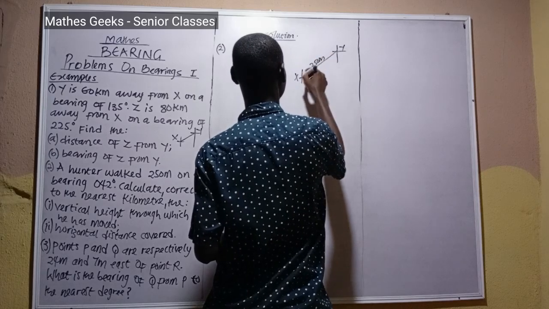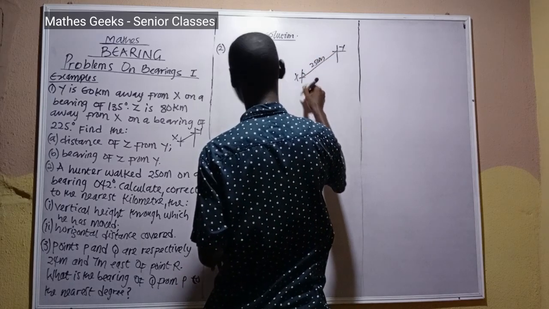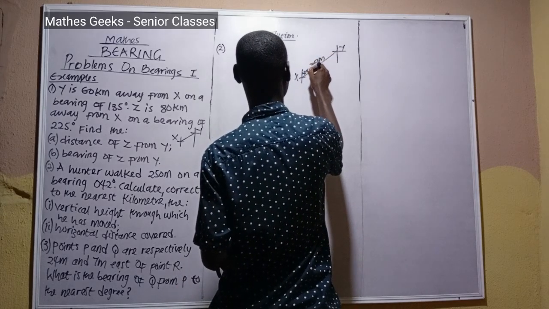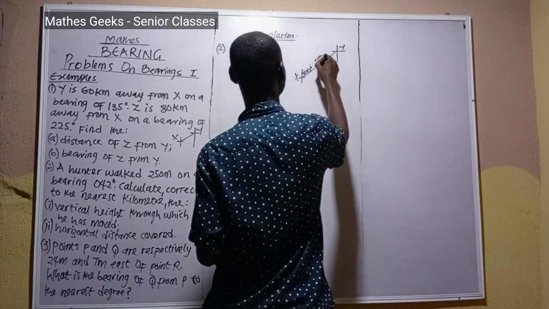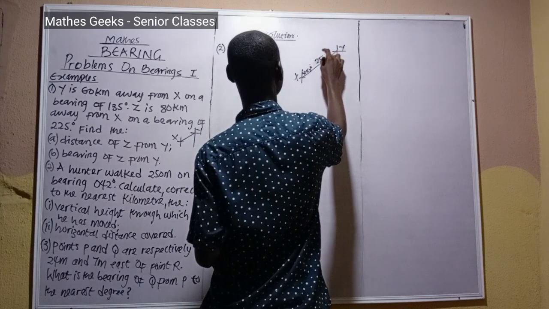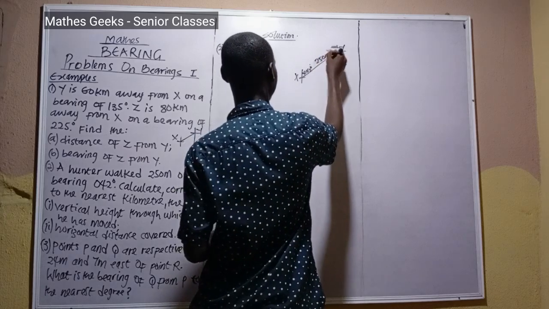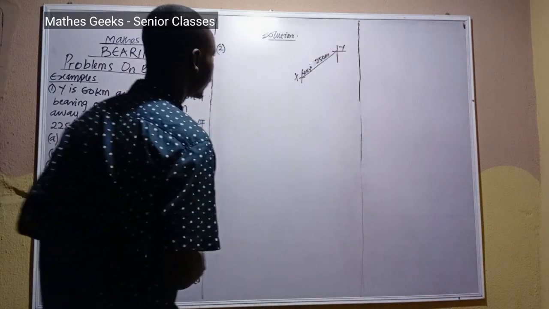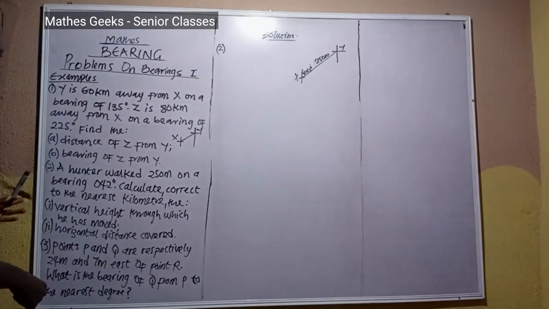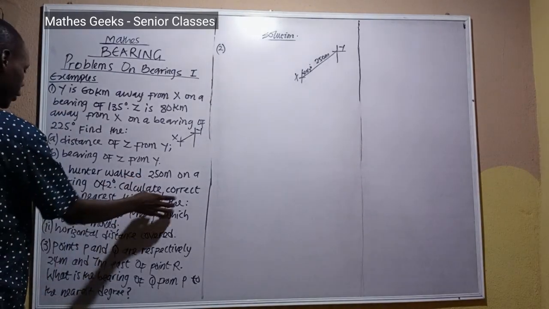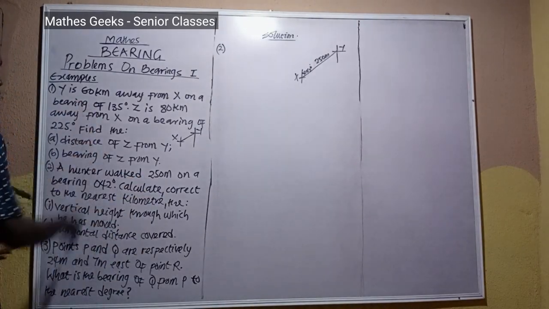The bearing is 042 degrees. Now this is what we got from the information given to us. The question says calculate, correct to the nearest kilometer, the vertical height through which he has moved.